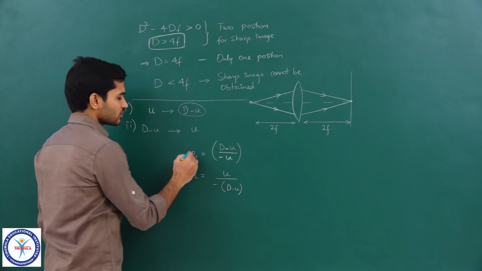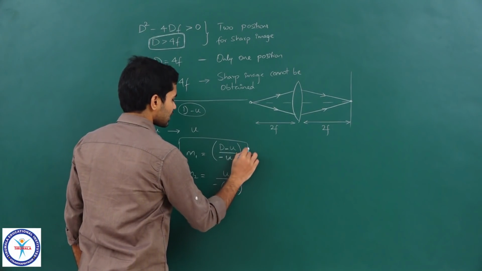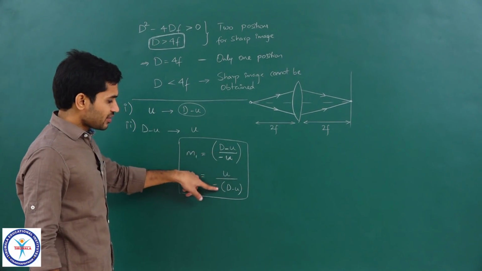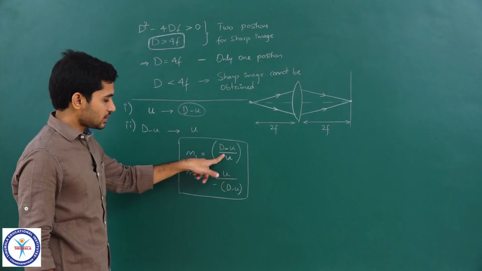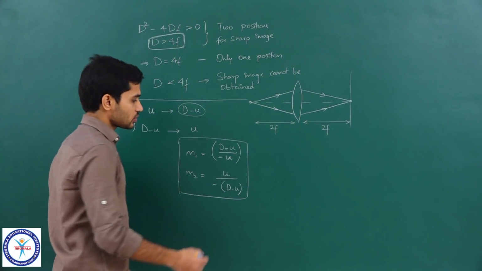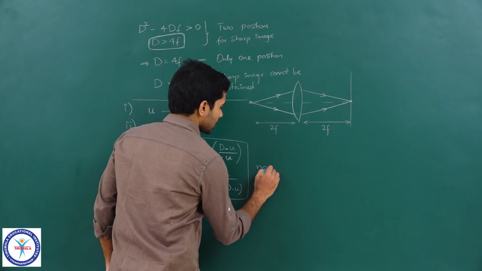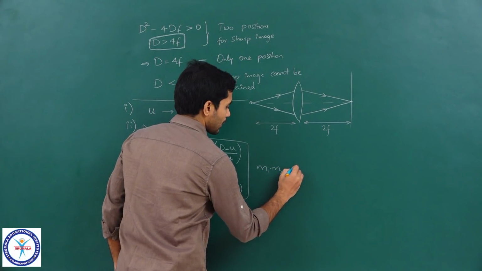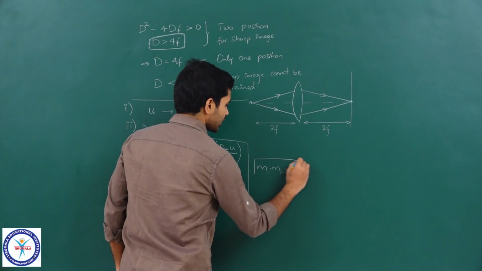Now if you observe these two, you can clearly understand that these two are inverse, right. Whatever is this, this is the inverse of that. So, which will eventually tell us that m1 into m2 is equal to 1. This is a very, very important relation.